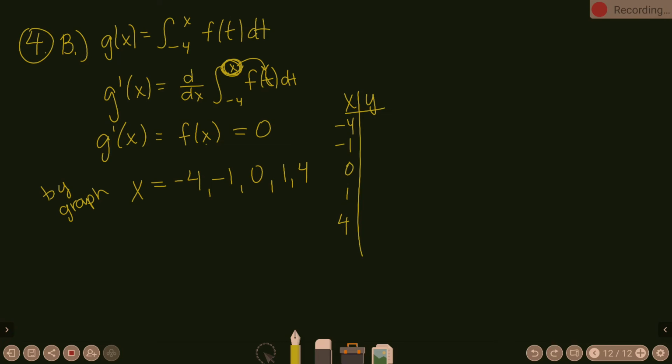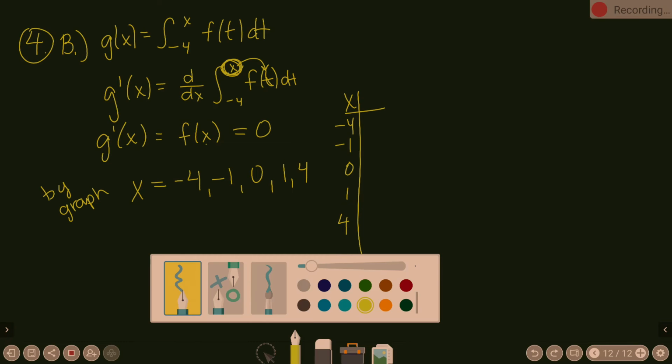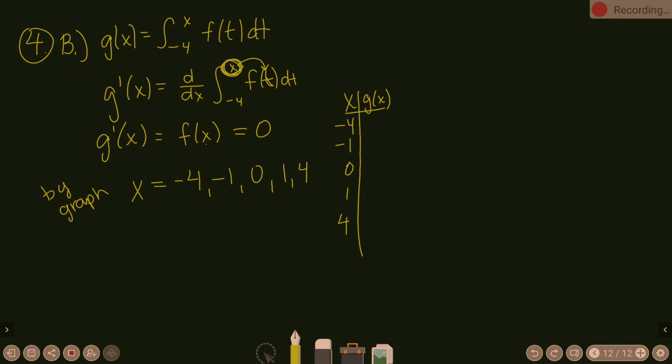And these are minimum values of g of x, right? So where I said y here, I really need you guys to think g of x, which is going back into this interval. So you're doing the area under the curves, which we already have a lot of from the previous part, don't we?